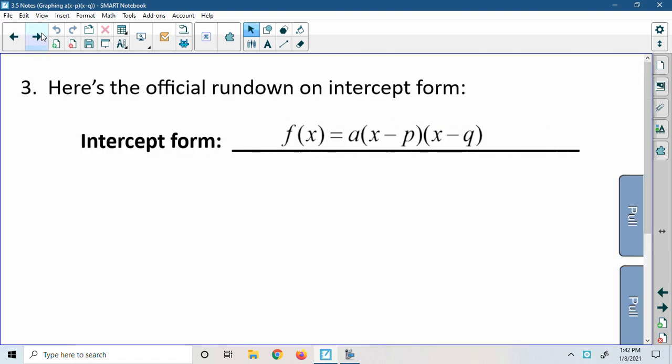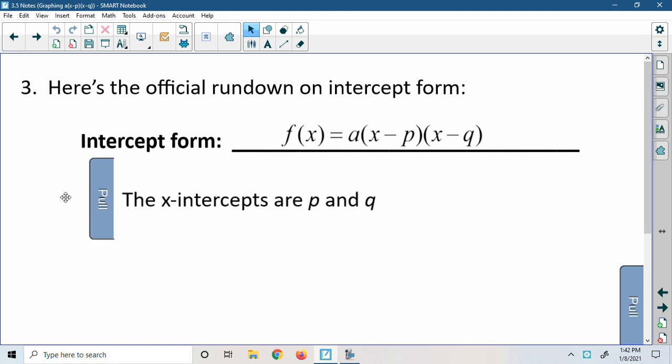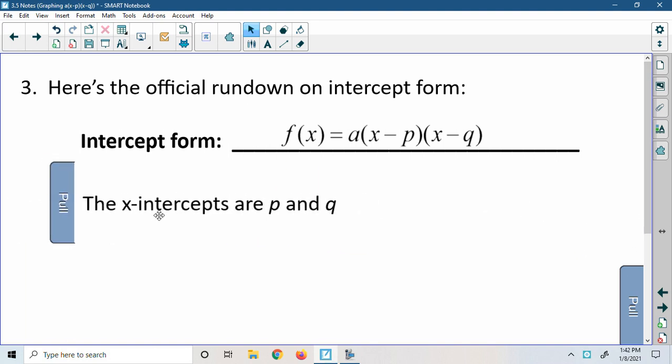And now, number three on the notes, here's the official rundown on intercept form. So the form is f of x equals a times x minus p times x minus q. A couple key points about that. The x-intercepts are p and q.